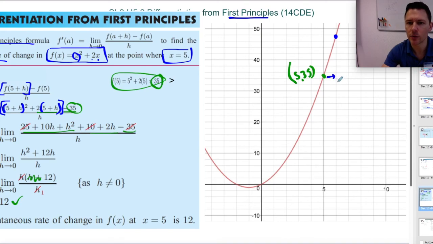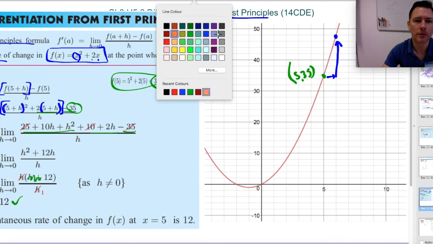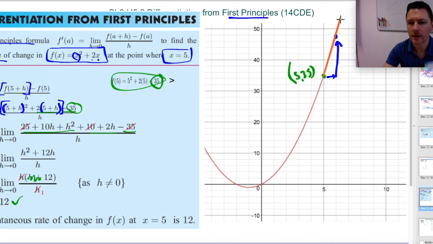This is 1 unit away, and now it's at 48. So this is a certain change, and our chord would look like that. As this point gets closer and closer and closer to 5, the slope more and more closely exemplifies the tangent at 5.